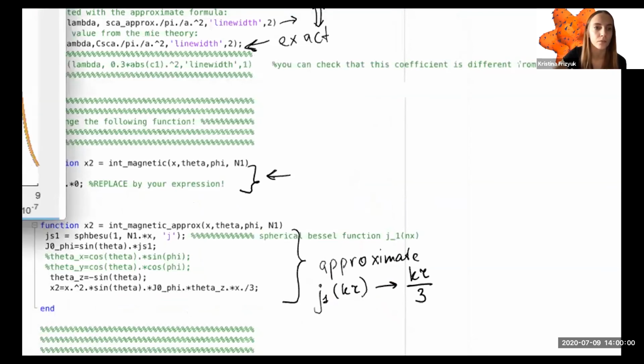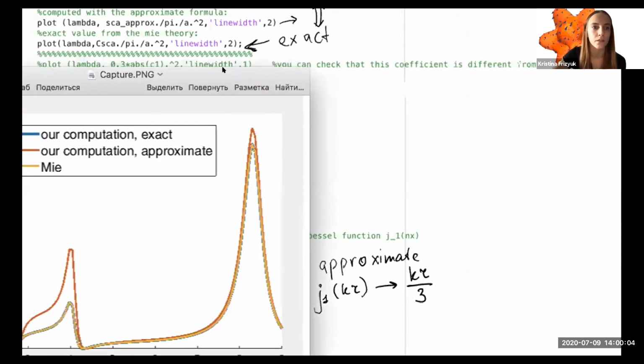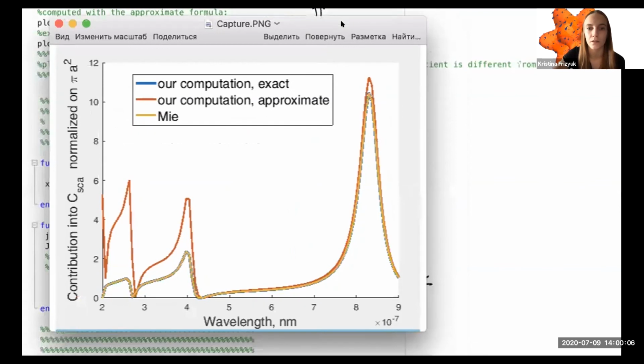Okay. And Dmitry has sent me this file, and you see that it is exactly what you should have done. So this blue line and this yellow line coincide.